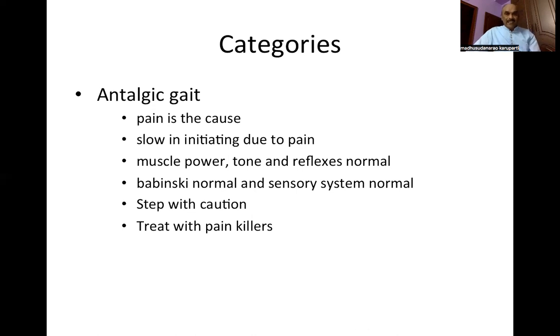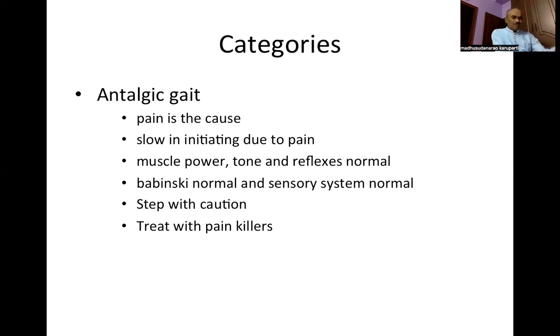Well, coming to the categories, we have the antalgic gait, in which pain is causing the gait disturbance. Because of the pain, there is slow initiation, whereas muscle power, tone, and reflexes are normal. Babinski sign is normal, sensory system is normal.